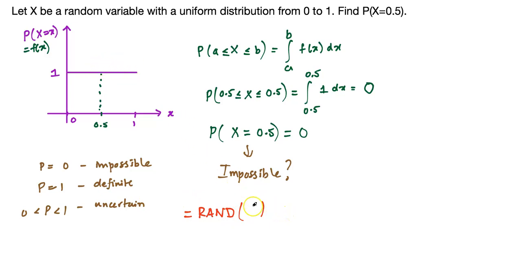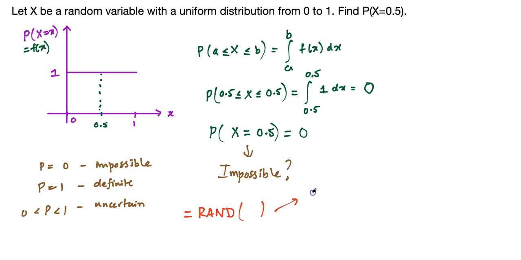So essentially what this function on Excel does is it draws numbers based on this particular uniform distribution. So it will basically draw a number from this distribution so that every number is equally likely. So the probability density is going to be the same.